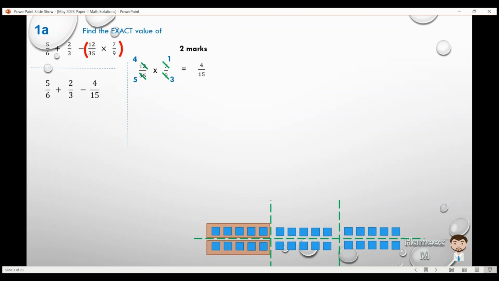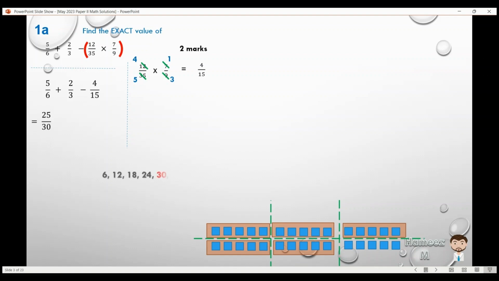Each part consists of 5 blocks, 3 parts, 4 parts, and of course 5 parts. So this indicates here that we have 5 out of 6 parts. And if each part is 5 blocks, then we actually have 5 5s at 25 out of 30. So 5/6 is also equivalent to 25 out of 30.